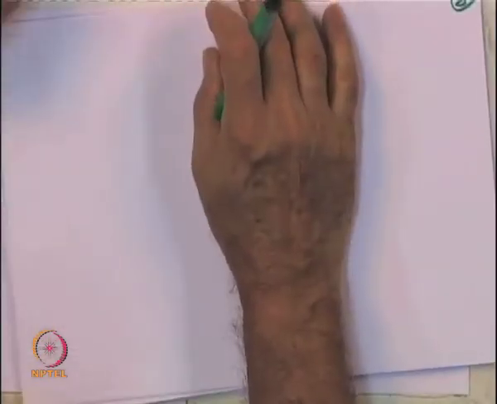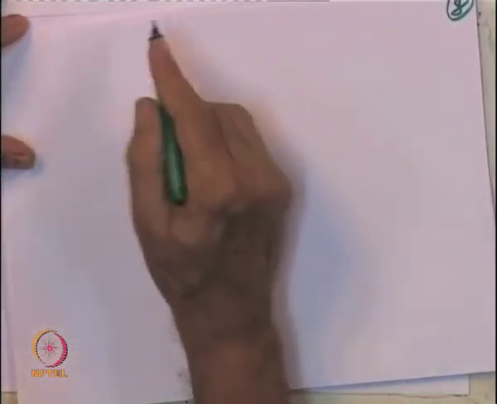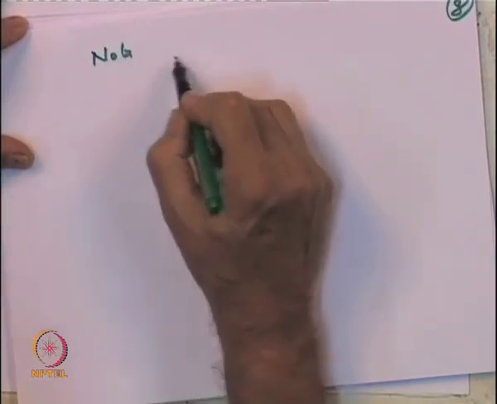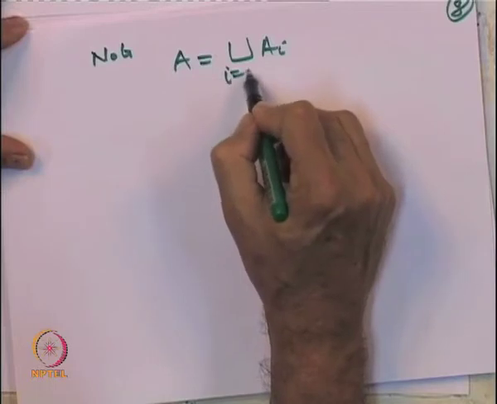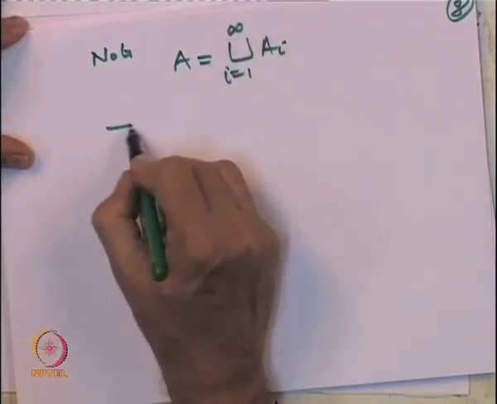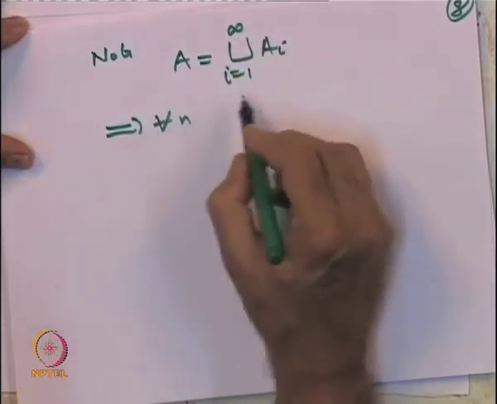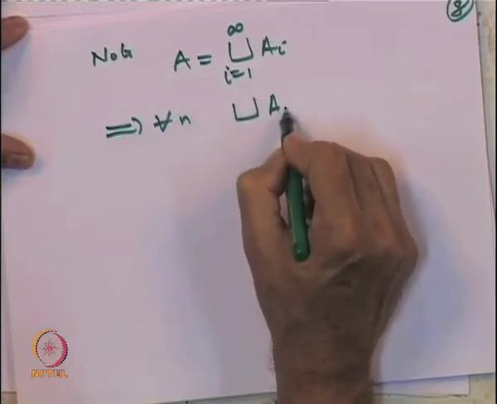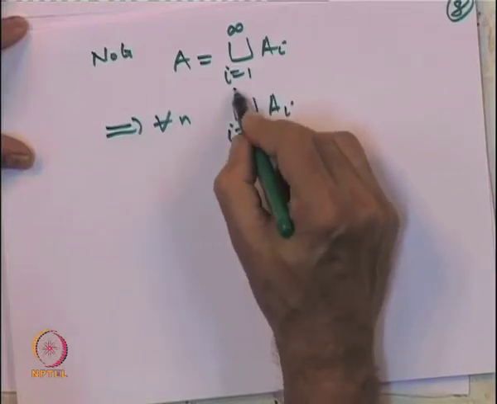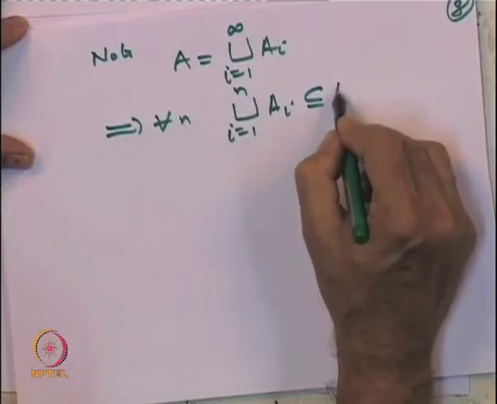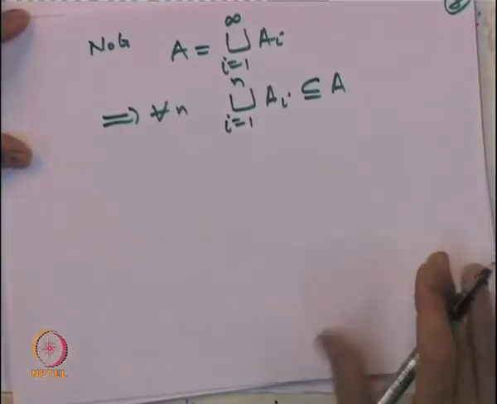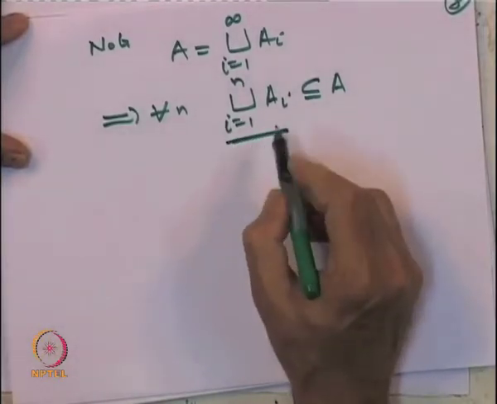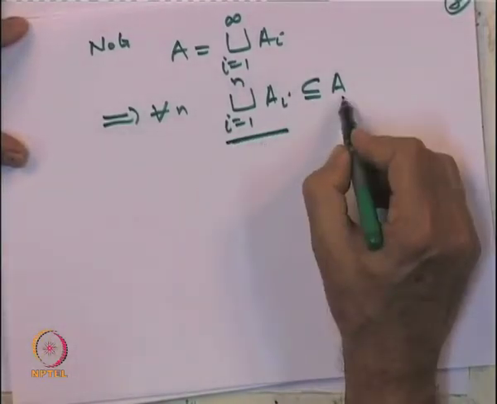And to show that, let us observe. So, note that A equal to the union of A_i, i equal to 1 to infinity, implies for every n the union of A_i, i equal to 1 to n, is a subset of A for every n, right. And we are in the algebra. So, this set is in the algebra, this is in the algebra.